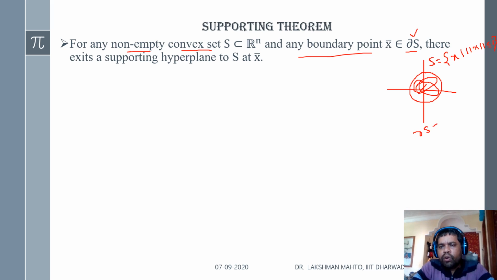And if I ask what is the boundary of this unit disk, the boundary is the circle. So the boundary of this one is the set of x such that norm of x equals 1. Equality is coming here. So this is the boundary.